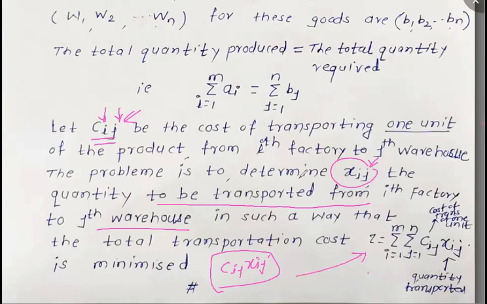So the problem is to determine Xij, the quantity to be transported from the ith factory to the jth warehouse, in such a way that the total transportation cost is minimized. Double summation, i equal to 1 to m, j equal to 1 to n, Cij Xij. This is the total transportation cost. We want this total transportation cost to be minimum.